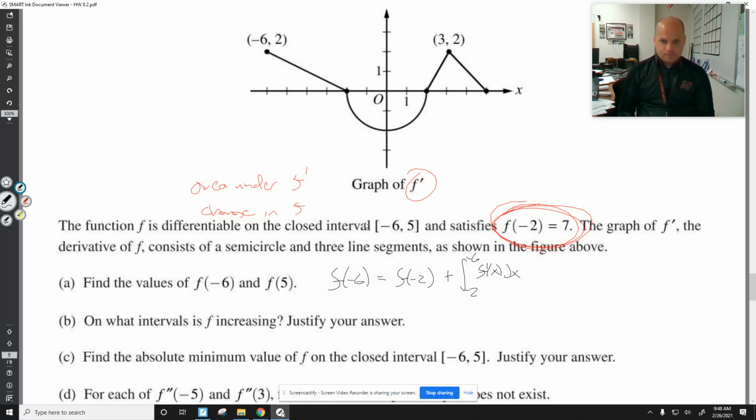All right, so I have to go from -2 to -6. Why? Because this is the initial point that I'm given at -2. So -2 to -6, the base length is 1, 2, 3, 4. The height is 2. So this is just going to be +4. But since I'm going from right to left, I am going to increase 4 to get to 7, right? What does f of -6 have to be? 3.